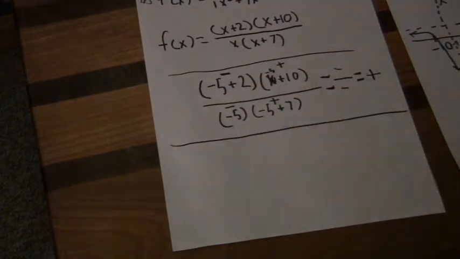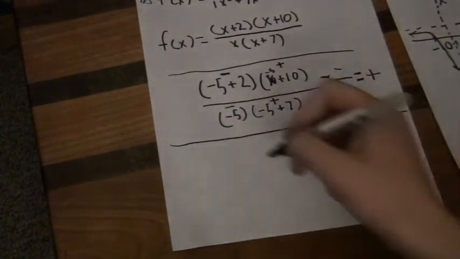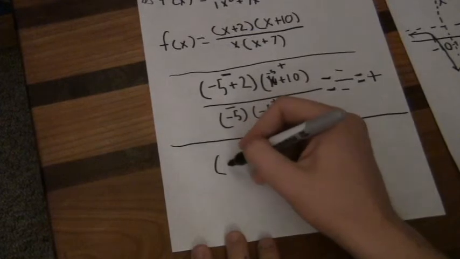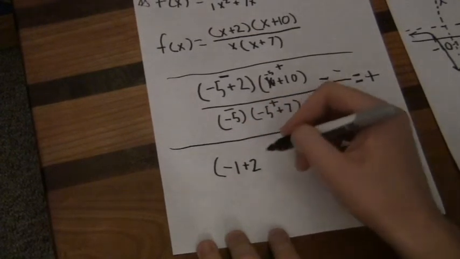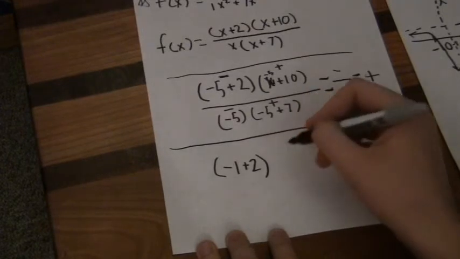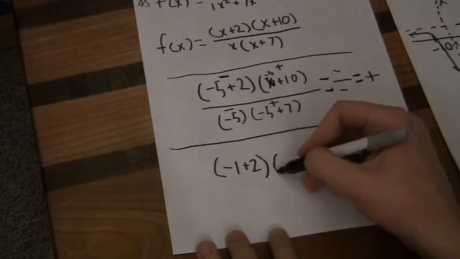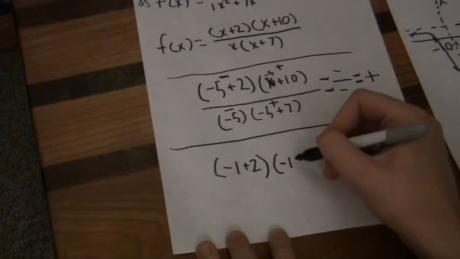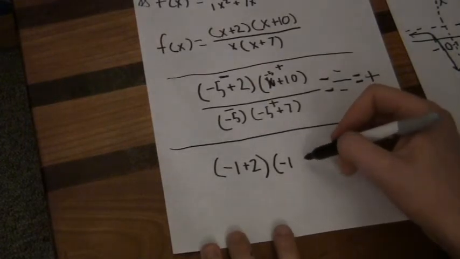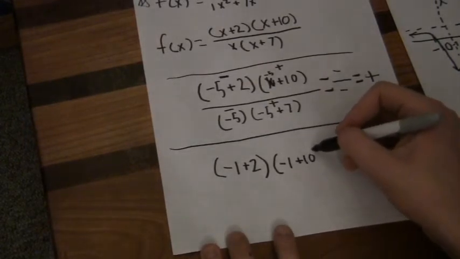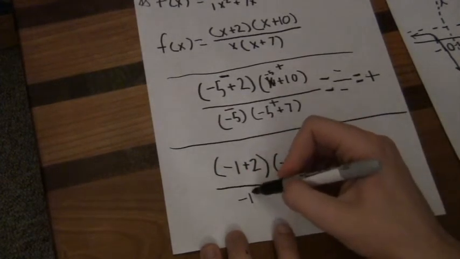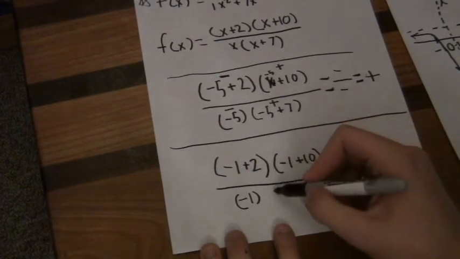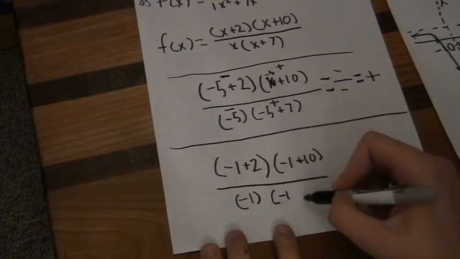So you have negative 1 plus the 2, negative 1 plus the 10, just negative 1, and then negative 1 plus 7.